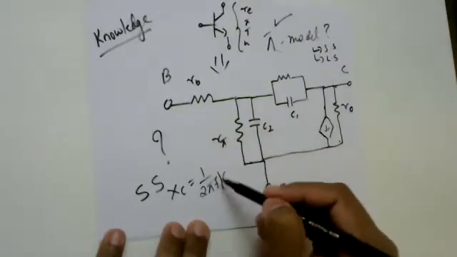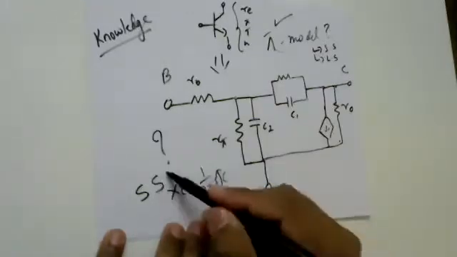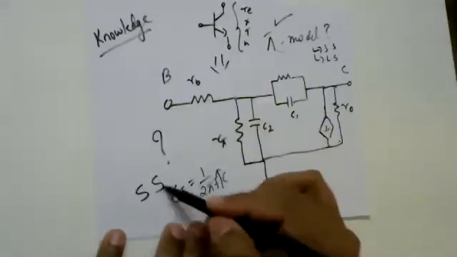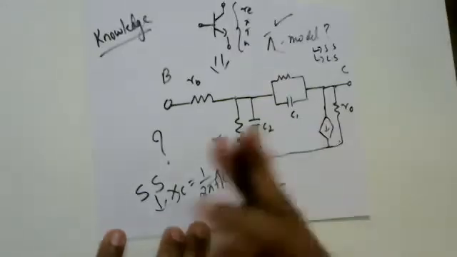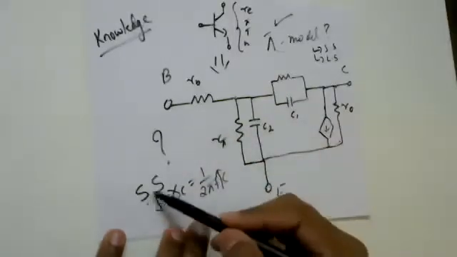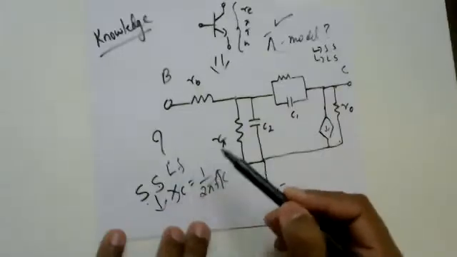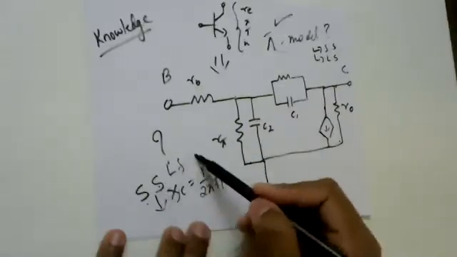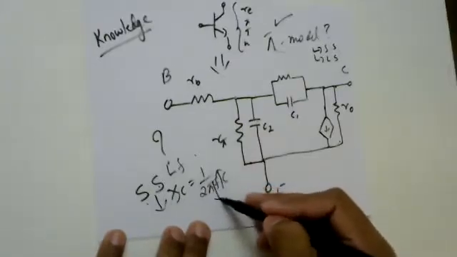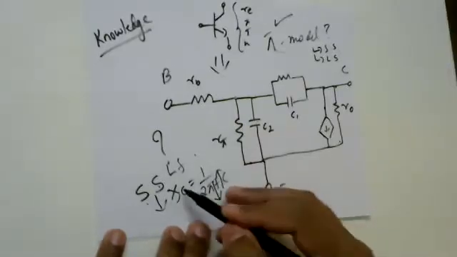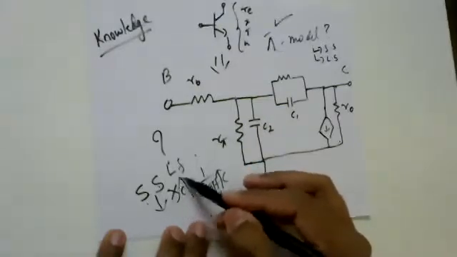When the frequency is high, the reactance offered will be less. It's inversely proportional. But when I'm operating on a small signal at low frequency, the frequency will be less, and if frequency is less, the reactance is high.